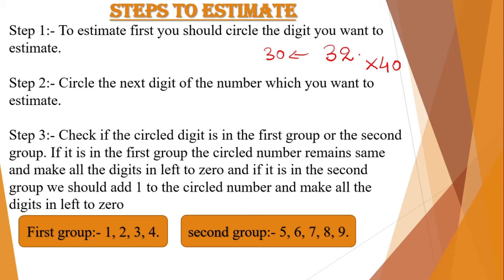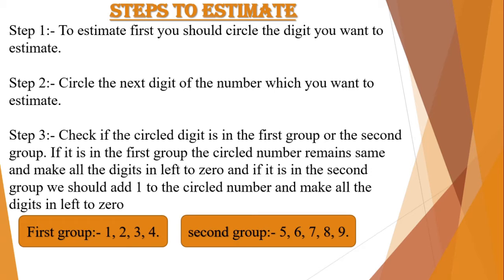Because from 32 to 40 it is 8 numbers, but from 32 to 30 it is only 2 numbers. So the nearest thing here is 30, so we make it approximately 30. This is known as an estimate, not the actual value, but an approximate value.